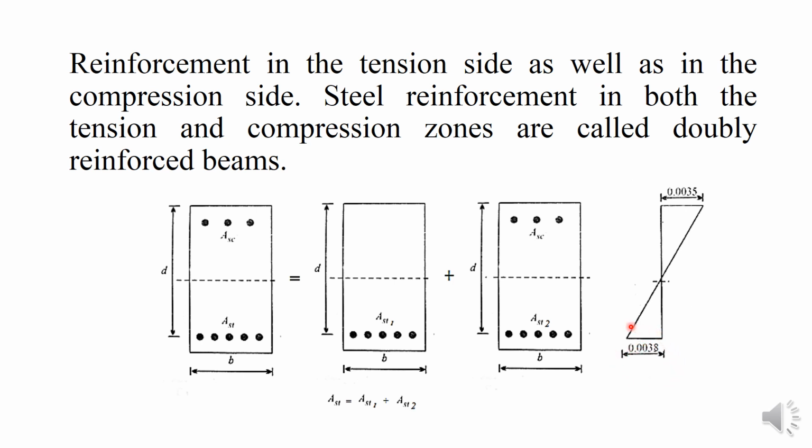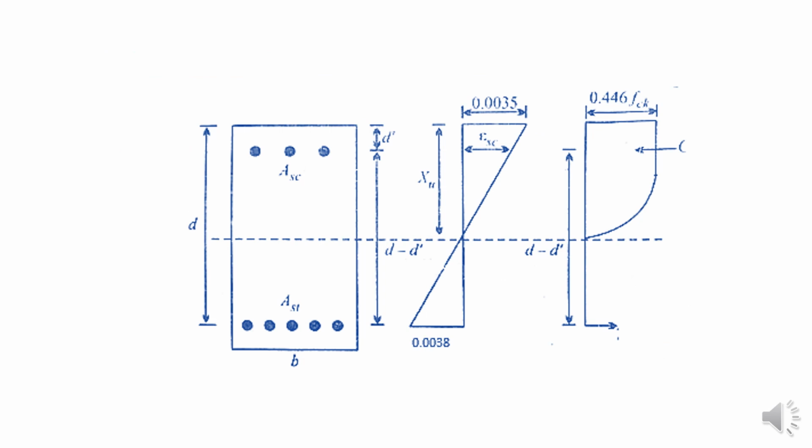When we provide steel in the compression and tension zones, the strain values differ. As I already discussed, the strains differ in the compression zone as well as the tension zone.